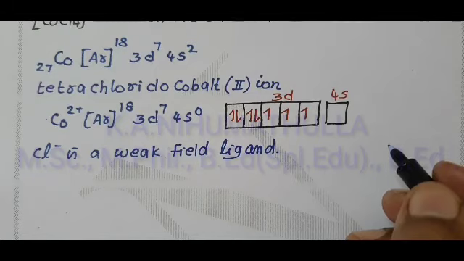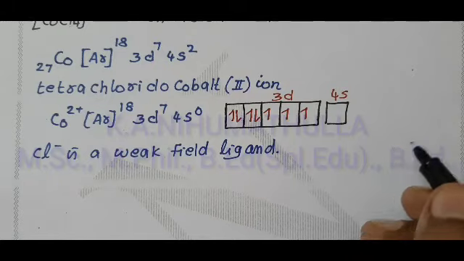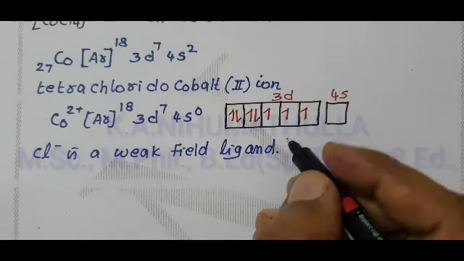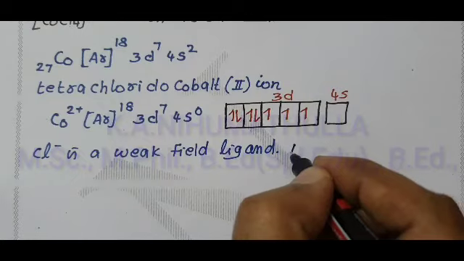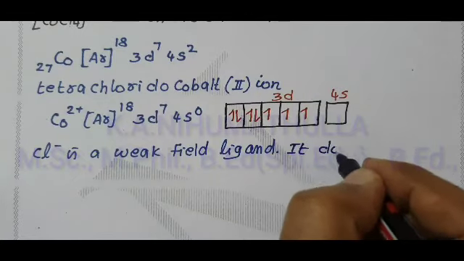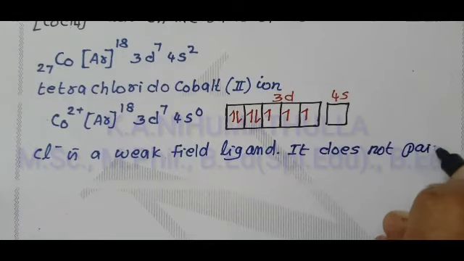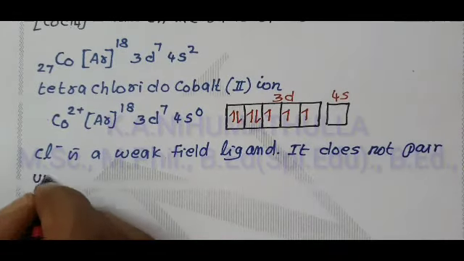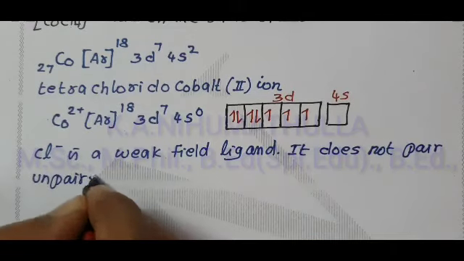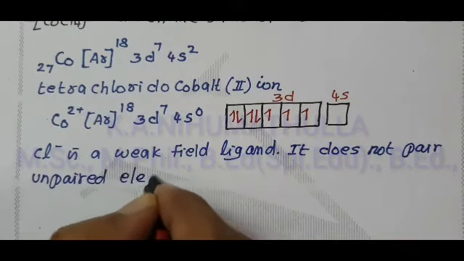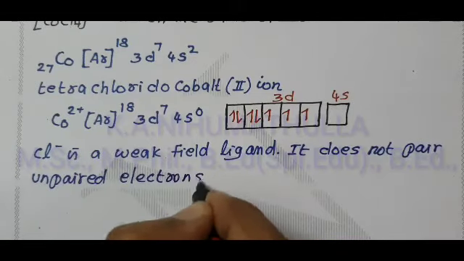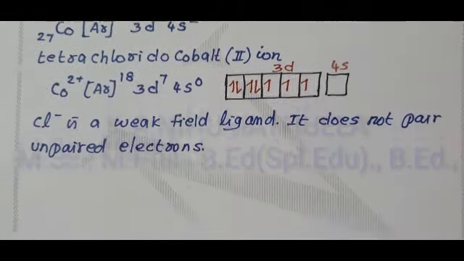CO carbonyl, CN cyanido-kappa C, en ethane-1,2-diamine and ammine are strong field ligands, others are weak field ligands. Cl- is a weak field ligand, therefore it does not pair the unpaired electrons. So the electronic configuration is the same as before.